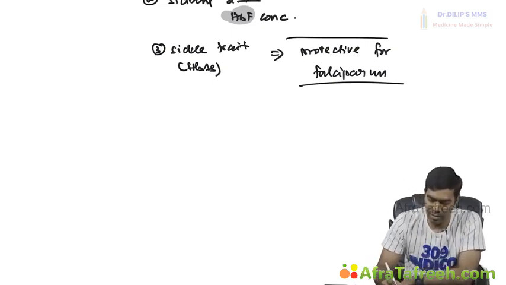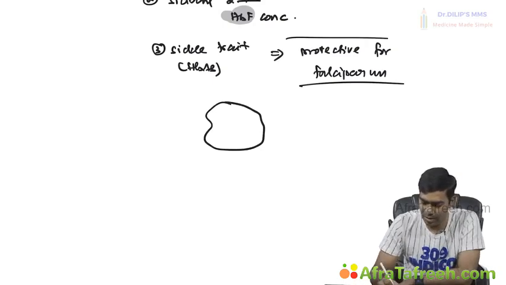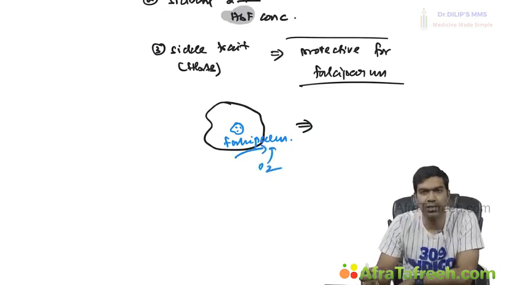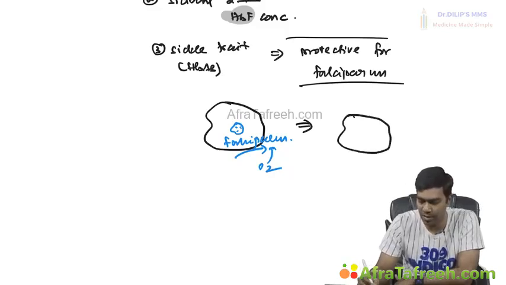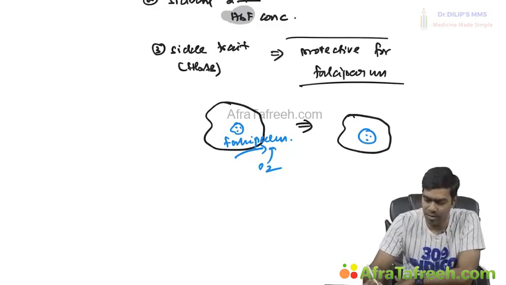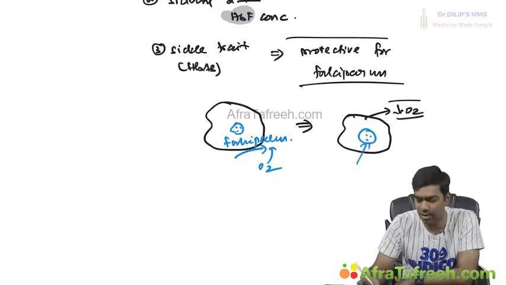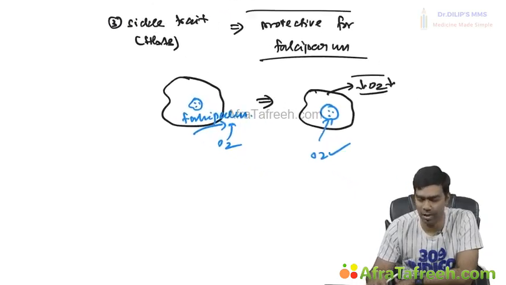So what happens is, whenever an RBC is having a falciparum in it, so let us assume this is a falciparum inside the RBC. This falciparum is going to consume a lot of oxygen, leaving the RBC with a little oxygen. So the RBC is typically suffering from low oxygen, which means the falciparum is going to consume all the oxygen, but the RBC is going to have a very low amount of oxygen left.